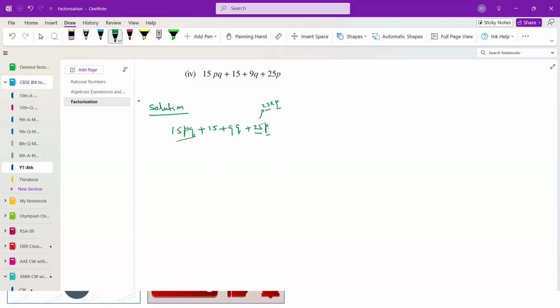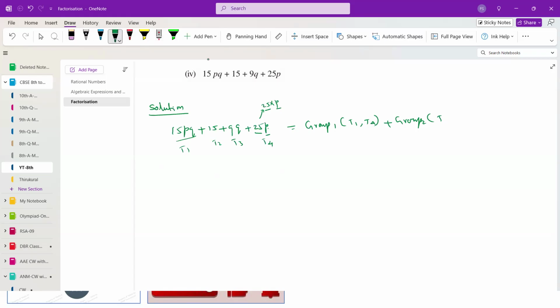So we'll group it here: term 1, term 2, term 3, term 4. We group T1 and T4 together as group 1, and group 2 as T2 and T3.